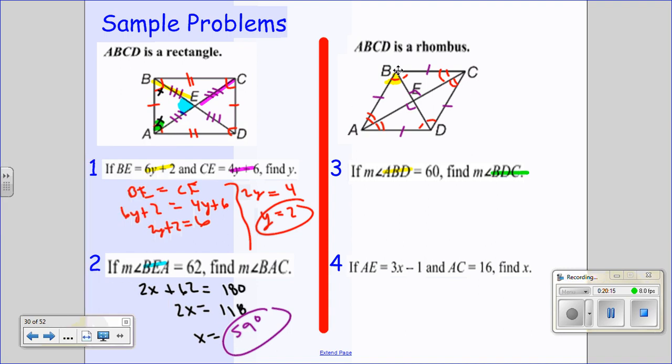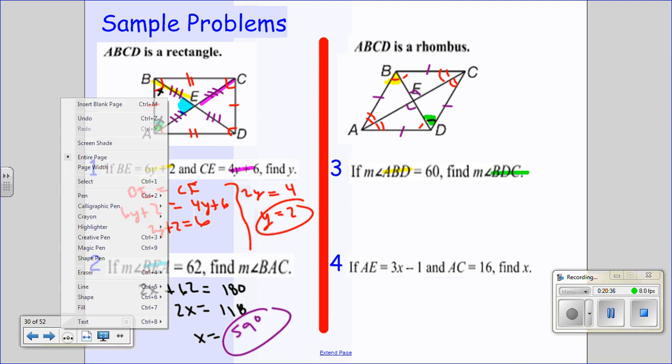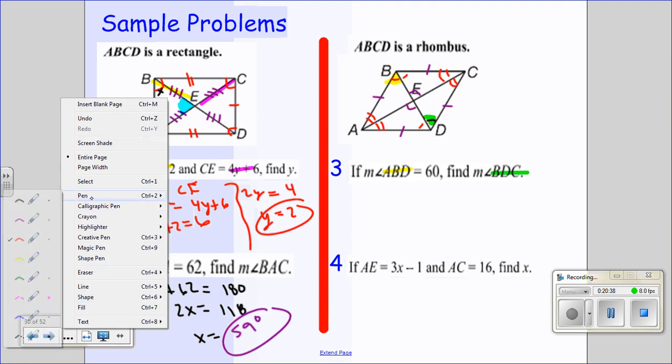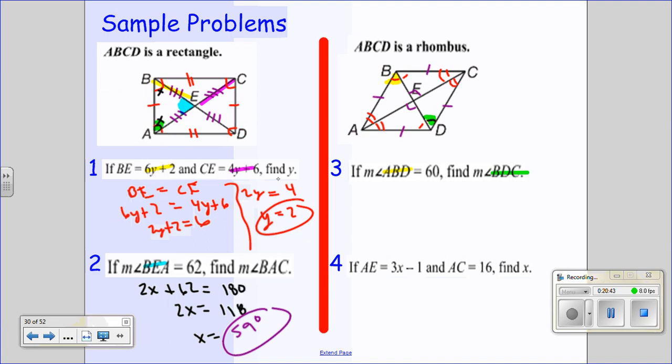When I trace that, BDC is this angle right here. Well, thankfully I marked the angles prior to answering this question because, as you can see, those two angles are marked the exact same way, meaning those two angles are congruent. So if ABD is 60, then the measure of BDC is also 60.